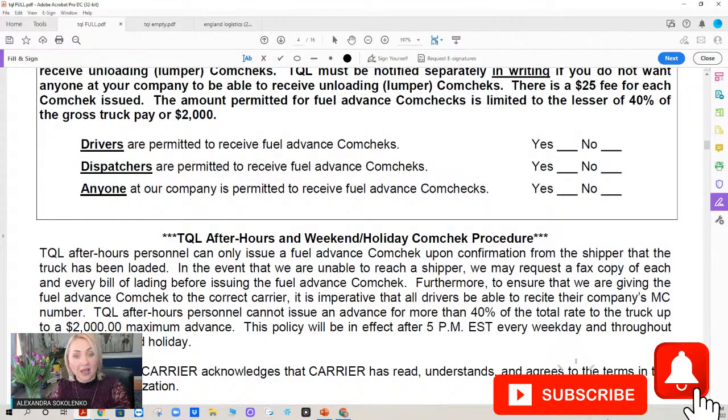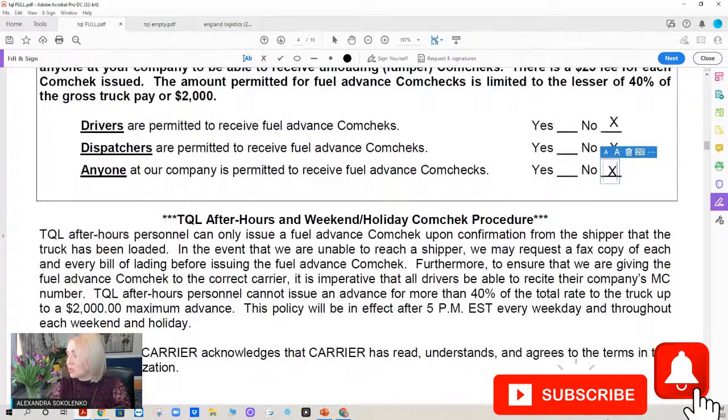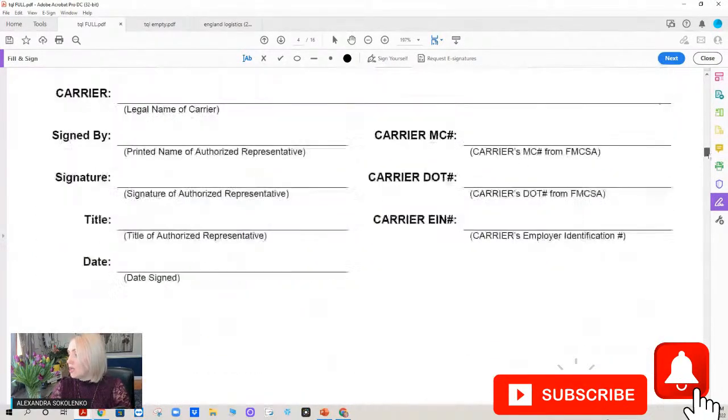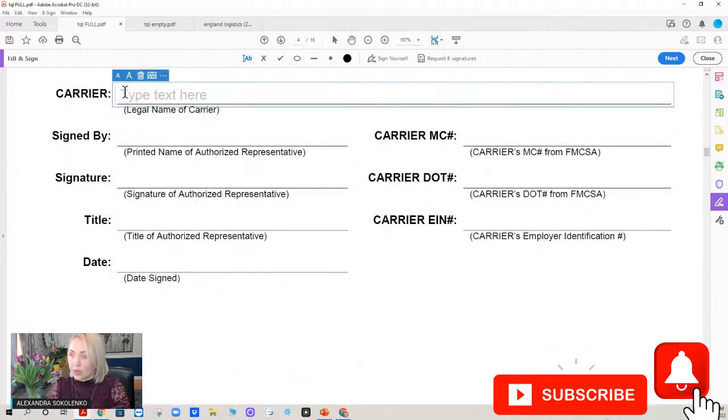So in this case, my recommendation is no. First of all, most of you have a fuel card, so you already have a line of credit for fuel. Secondly, for IFTA purposes, you want to separate your fuel and do it through your fuel cards. You want to make sure you get discounts. So in this case, no, no, and no, right? That's as a dispatcher. You discuss this with your carrier.